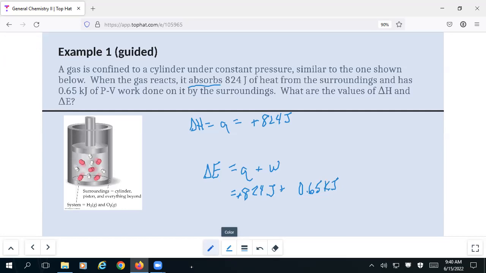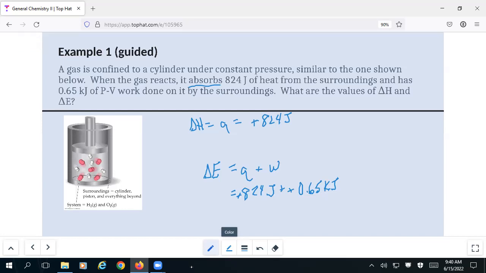We again have to look at this from the perspective of which direction it is going. Once again, we see that the surroundings is doing the work, which means that the energy of that work is coming into the system. This is a positive as well.